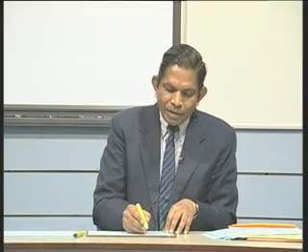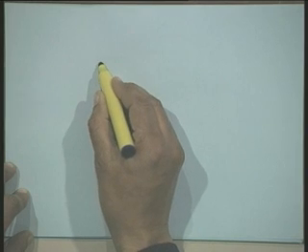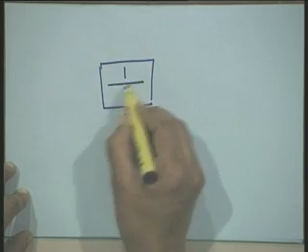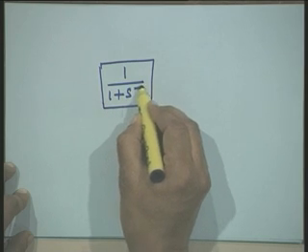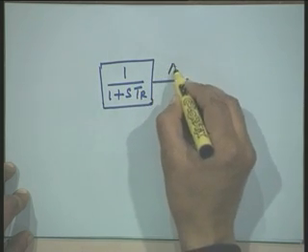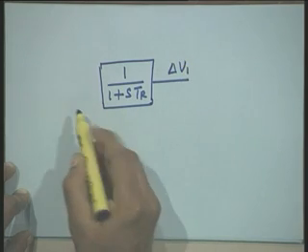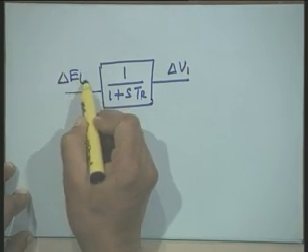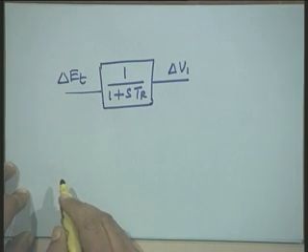Let us just write the equation for the first block. Here the transfer function is 1 over 1 plus s times Tr, the output of this is delta V1, and the input is delta Et, okay.